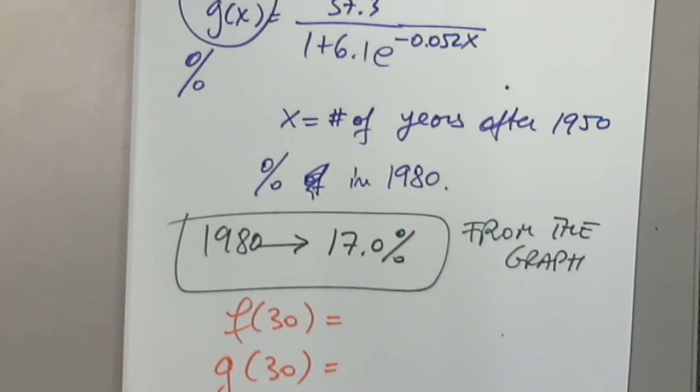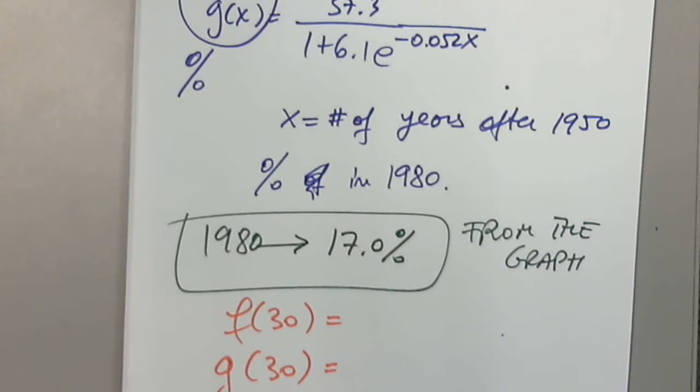Close the parenthesis, divide by, parentheses for the denominator. 1 plus 6.1 e to parentheses, negative 0.052 x, close the parenthesis for the power, come down, close the parenthesis for the denominator. And go to second table.